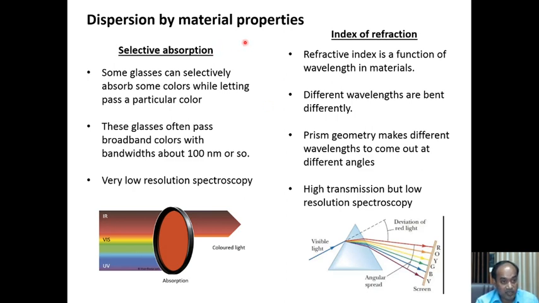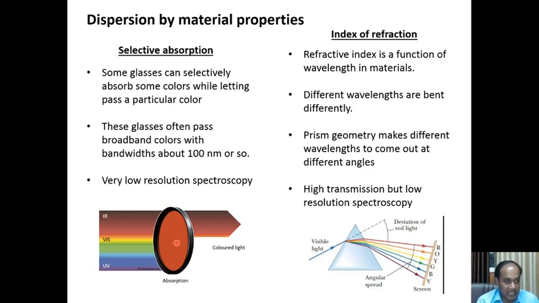Dispersion by material properties. We can generate the spectrum by different techniques, and one of the techniques is selective absorption. As I said, if a leaf is green, that's because it's absorbing other colors but leaving out the green color.